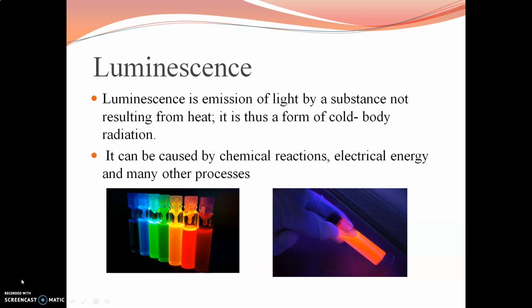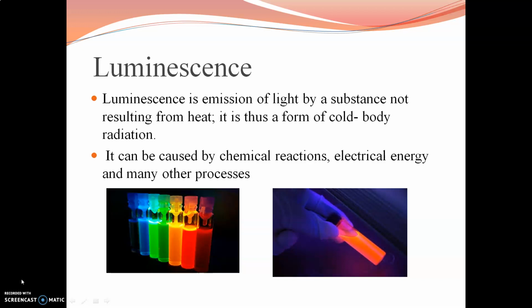Now in spectroscopy we have already learned that absorption and emission of electron takes place, and when the emission takes place it is accompanied by some energy, or some photons or some light. So luminescence is a word related to the emission of light by a substance when it goes from the higher excited state to its lower excited state.